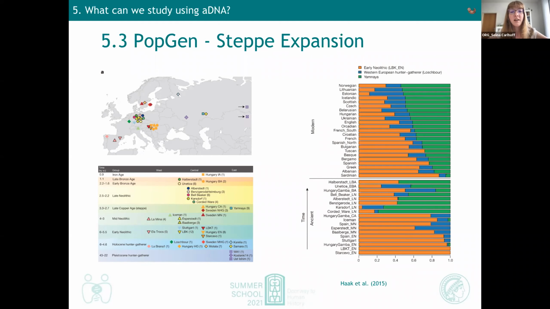And actually, this Yamnaya-related ancestry is present today in all European populations in varying proportions, but it's there undeniably, with the largest proportion actually in Norwegian people from today.